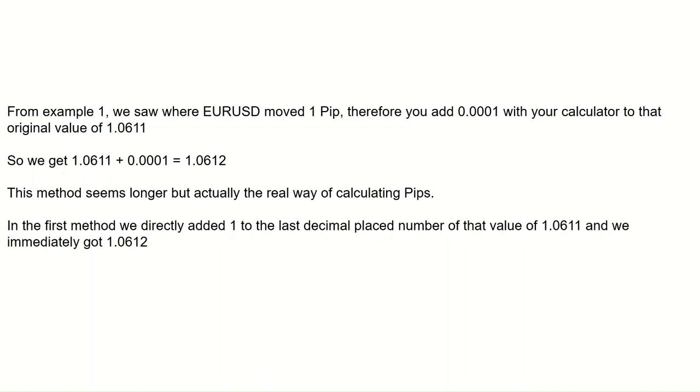But in this method, which is the longer but more appropriate way of calculating pips, as I already said before, we start calculating from the fourth decimal place number. Since EUR/USD makes a movement of 1 pip, it means it makes a movement of 0.0001. So we add that to the current market price, and it gives us 1.0612.